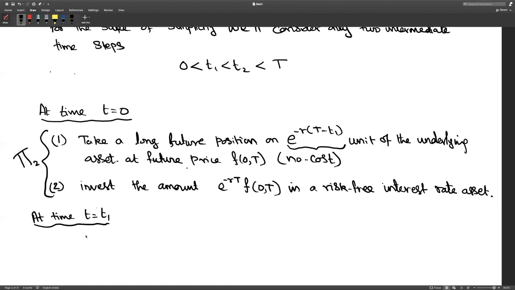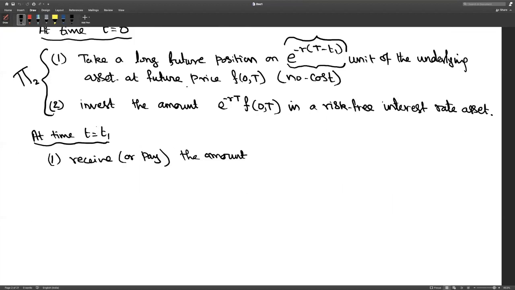At time T equal to T1, what will happen? You will receive an amount, or you may also pay instead of receiving. What is the amount? You have taken only this much unit, you did not take one full unit. Therefore, your marking to market will give you f(T1, T) minus f(0, T).